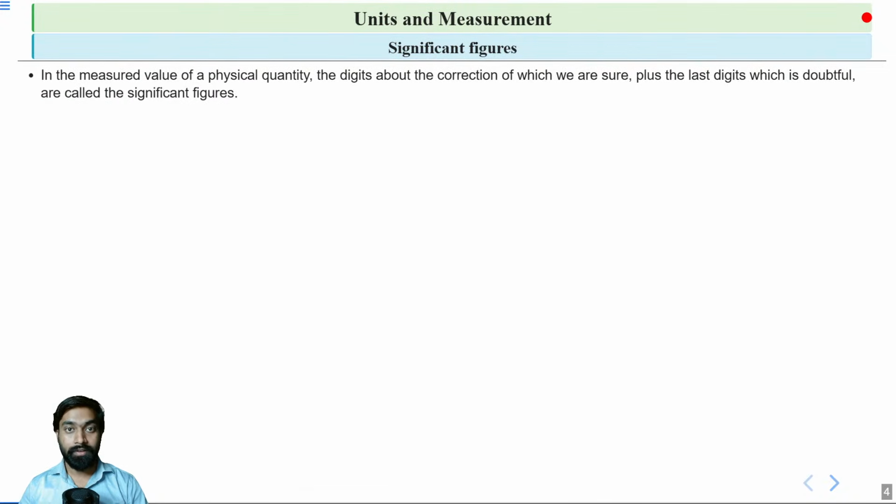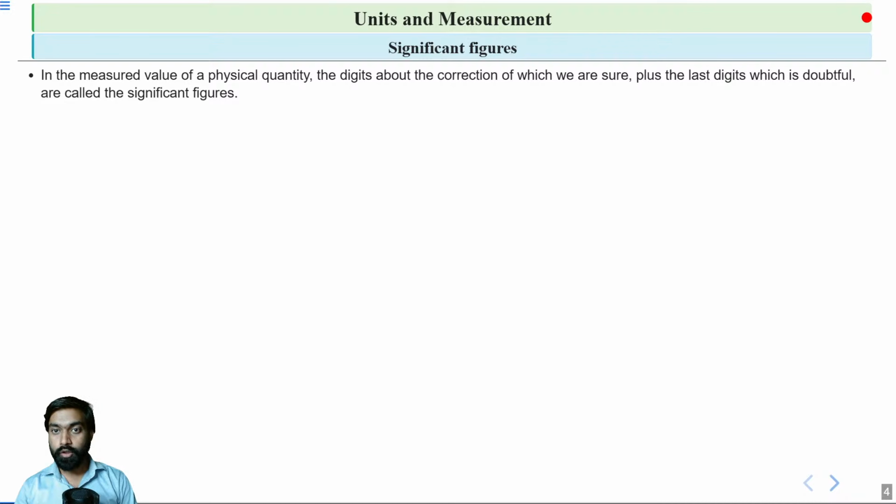So, significant figures refer to all the digits in a measurement that are considered reliable, along with the last digit which may be somewhat doubtful. Let's understand this with an example. Suppose you measured the length of an object as 25.3 centimeter using a ruler.